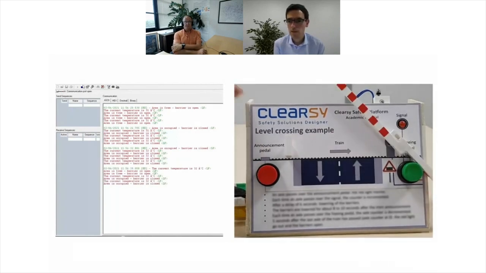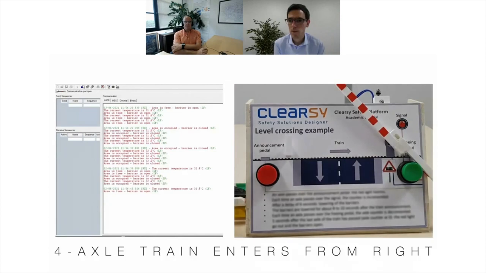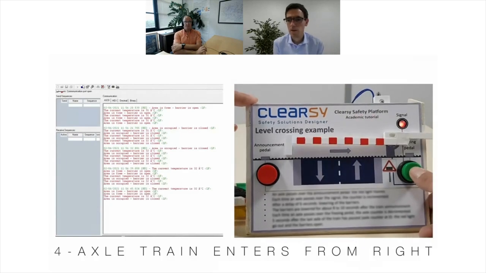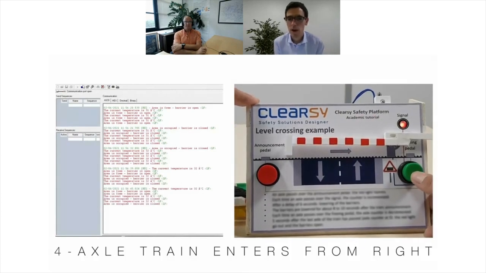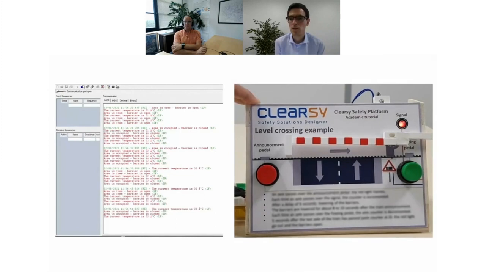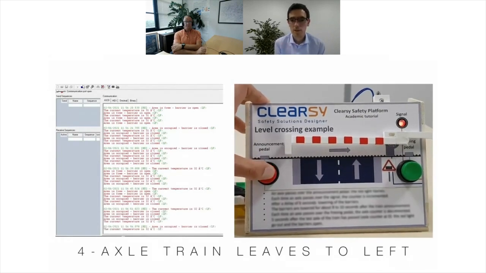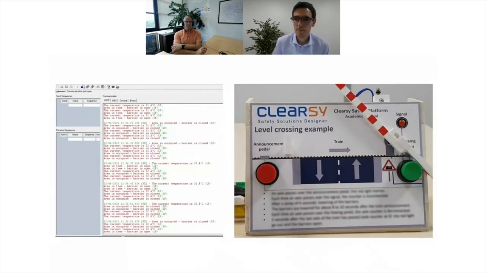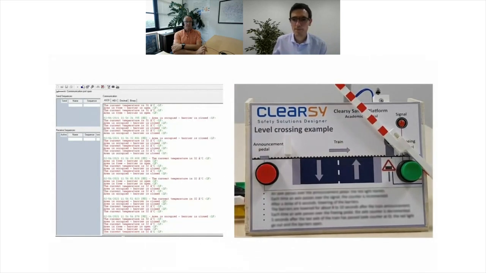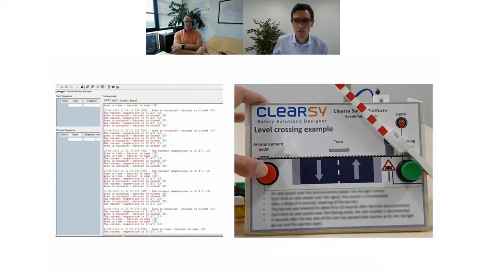We had 1 axle, the barrier closed, 1 axle, the barrier open. And in reverse order, we have 4 axles entering from right to left, sorry, and 4 axles leaving the area. So that's for the nominal case.